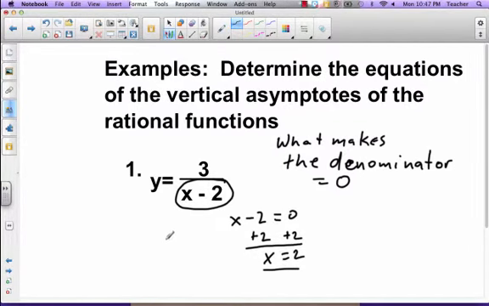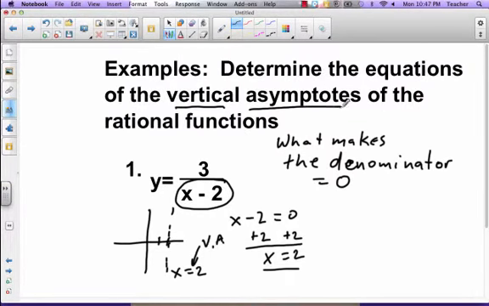Now, as far as the graph, whatever that graph happens to look like, what we know is that we can put a vertical line, and we do show the equation. It's not 2, it's x equals 2, and the graph is not going to cross that. So whatever the graph happens to look like, it's not going to cross x equals 2. This we'll just label with VA, VA for vertical asymptote.